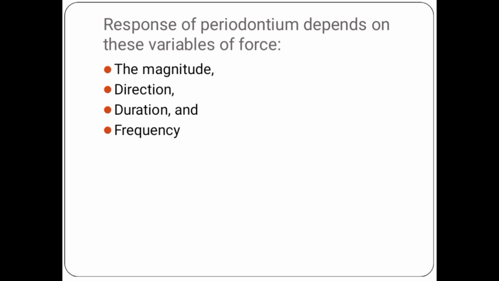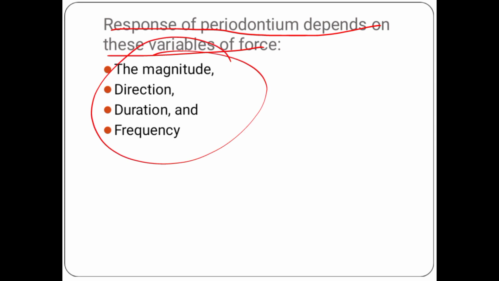Now, what does the periodontium do when the forces are applied? The response of the periodontium depends on these four variable factors: what is the magnitude of the force, what is the direction of the force, what is the duration, for how much time, and how frequently it is exerted.